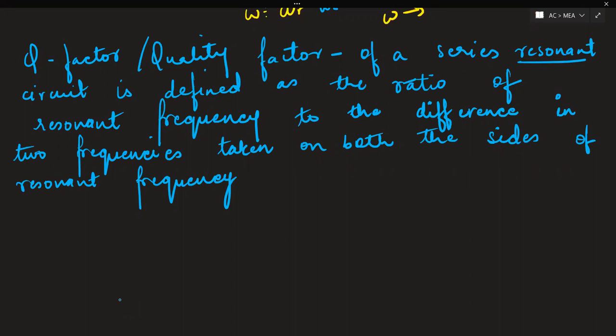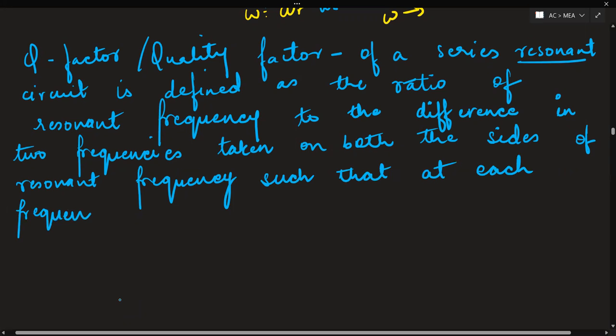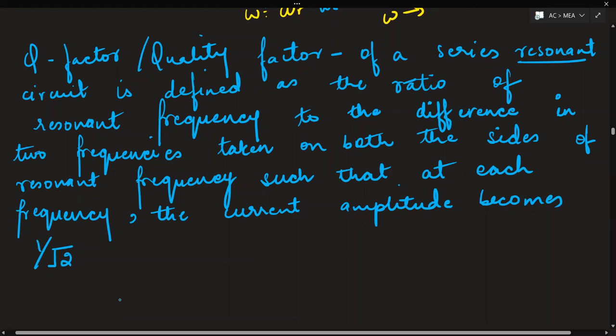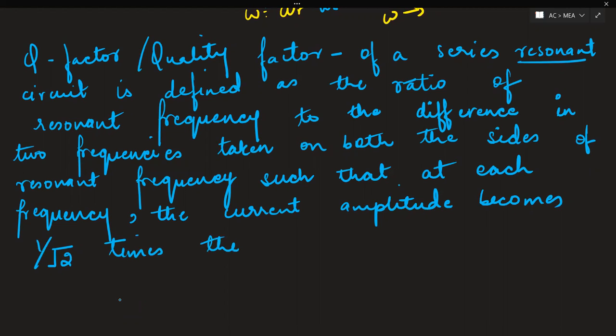So what we do, we choose the current amplitude such that at each frequency the current amplitude becomes 1 by root 2 times the value at resonant frequency.